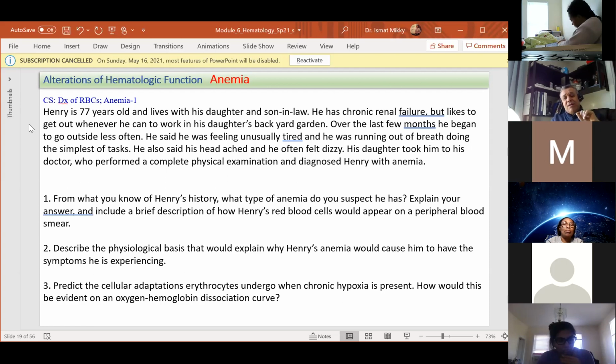In addition to that, the increased serum levels of nitrogen and uremic toxins result from the failed kidneys. They cannot excrete these waste products. So the patient becomes uremic: high BUN, blood urea nitrogen, high creatinine.